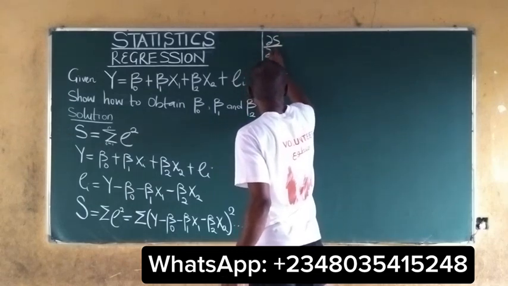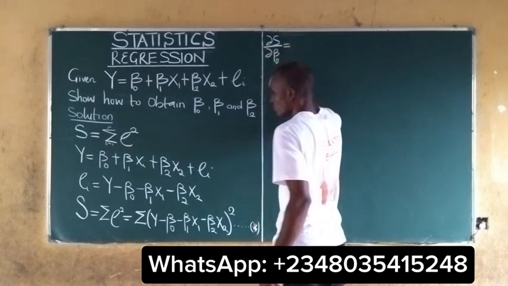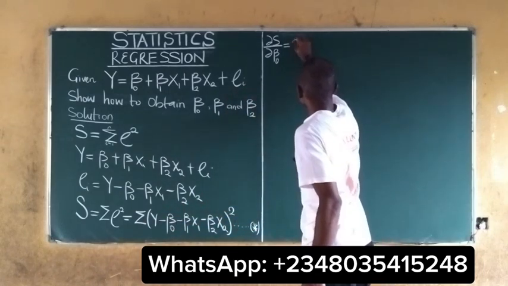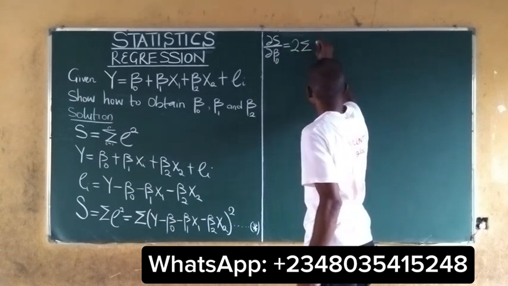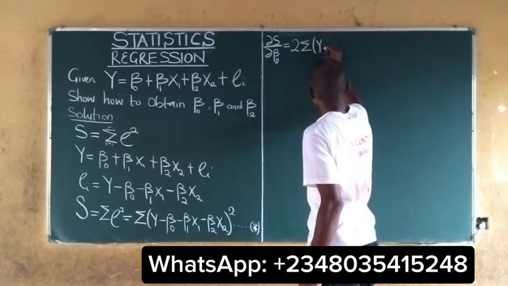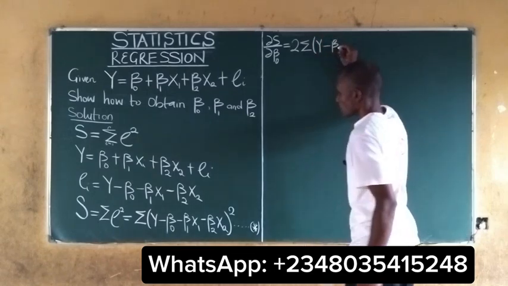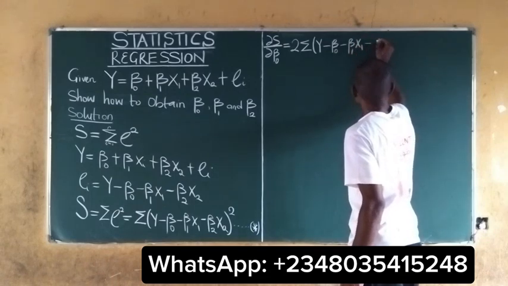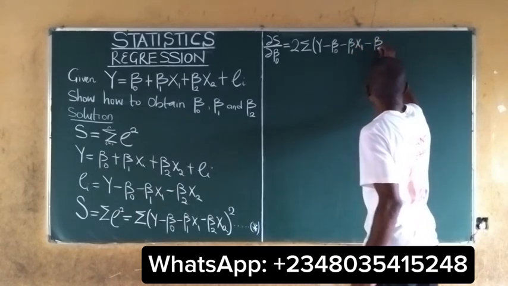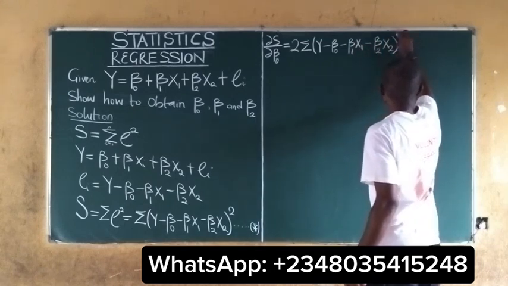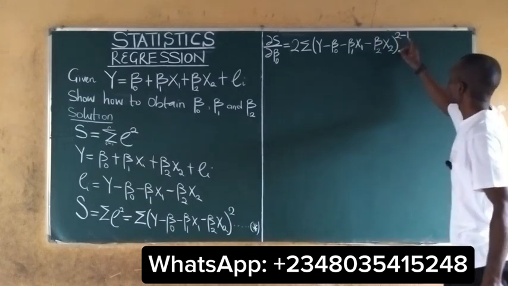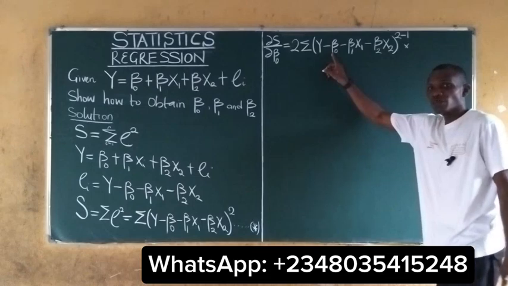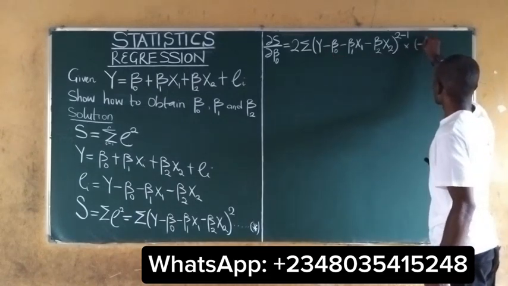If we differentiate this function, we get 2 summation of Y minus B0 minus B1 X1 minus B2 X2 raised to the power of 2 minus 1, from differentiation, times, from the composite function, we differentiate this B0, and this B0 will give us minus 1. So we'll have minus 1.